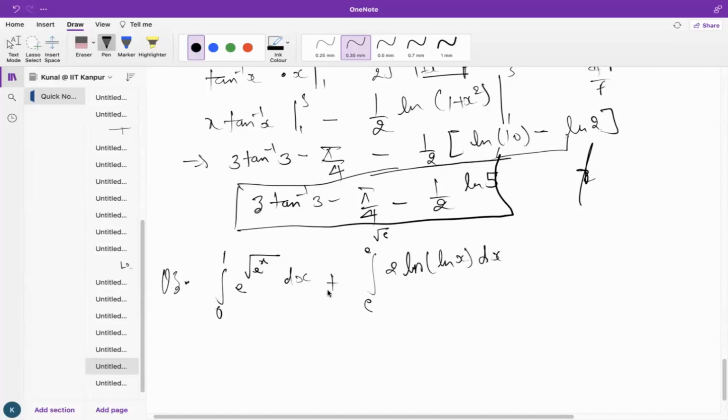This looks like a complex integrand. Okay, no worry. So this looks like some complex integrand, right?